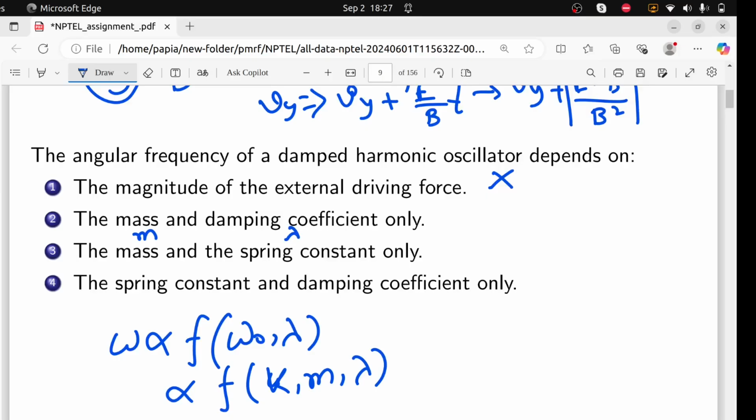No, that will not be the case, because it will also depend on the stiffness or the spring constant. So mass and spring constant, that is also not, because lambda is missing. So spring constant k, and damping coefficient lambda. Yes, that is correct.